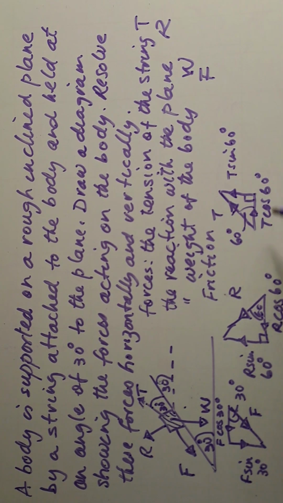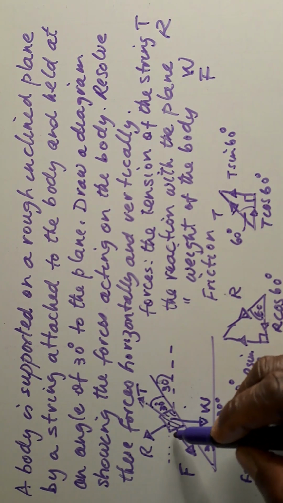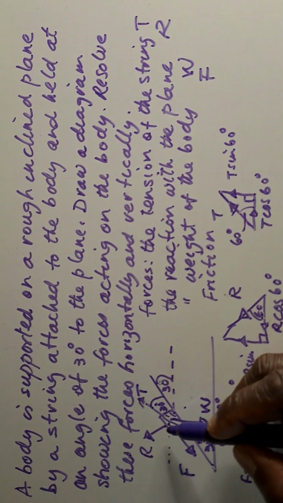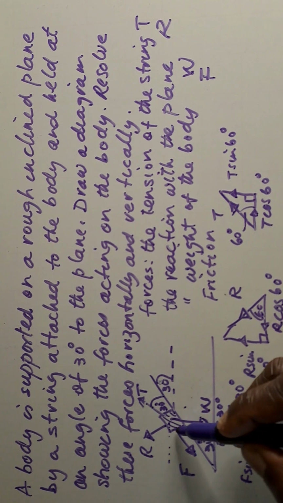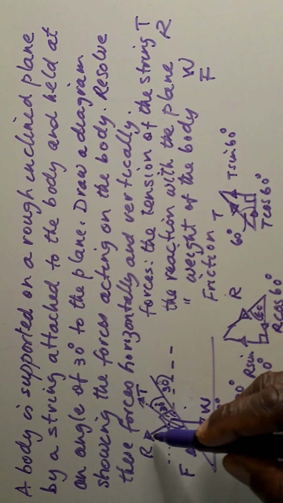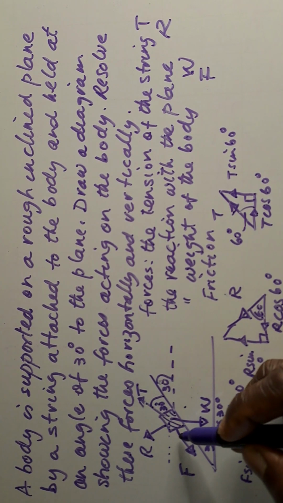Now, if you want to know why we have 60 degrees and not 30, if we were to just draw a dotted line here, we'll note that this is perpendicular to the body. This is running down the slope, so it's perpendicular to the reaction force. And so this whole angle here is 90.